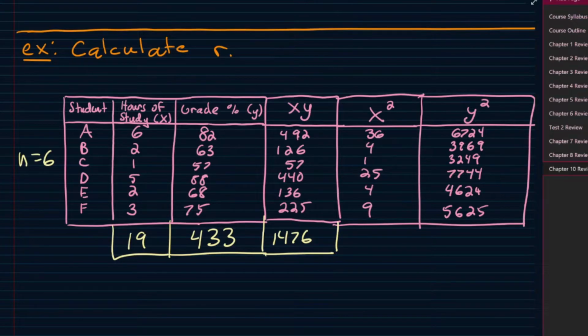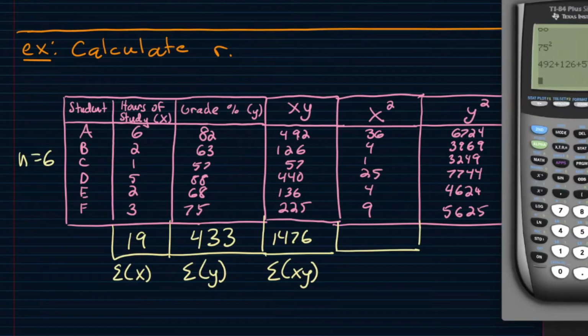So again, this is the sum of all the x's. This one's the sum of all the y's. This one's the sum of all the xy's. The sum of all the x squareds, 36 plus 4 plus 1 plus 25 plus 4 plus 9, that's 79.